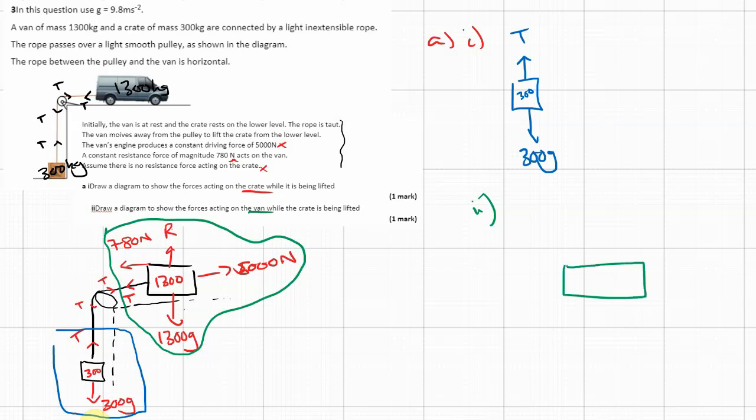Just draw that out again. So again, you don't even need to write the mass in the middle. We've got our tension. So there we go. That's our first 2 marks of this question.